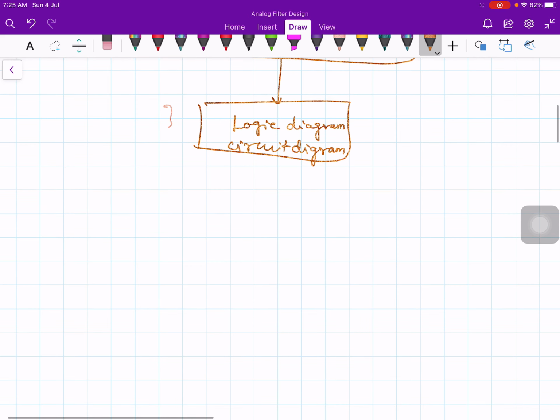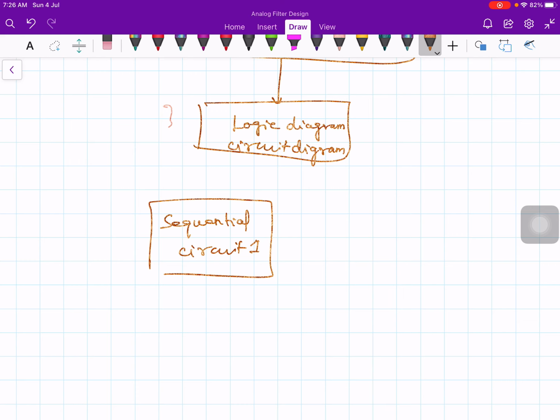Now suppose for a given problem I have two sequential circuits. Let me call them sequential circuit 1 and sequential circuit 2.